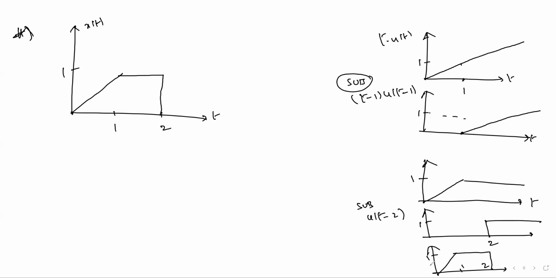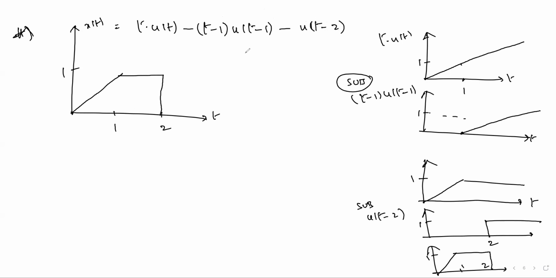Is it? So what can I write as the given signal x of t? This is nothing but t u of t minus t minus 1 u of t minus 1 minus u of t minus 2.